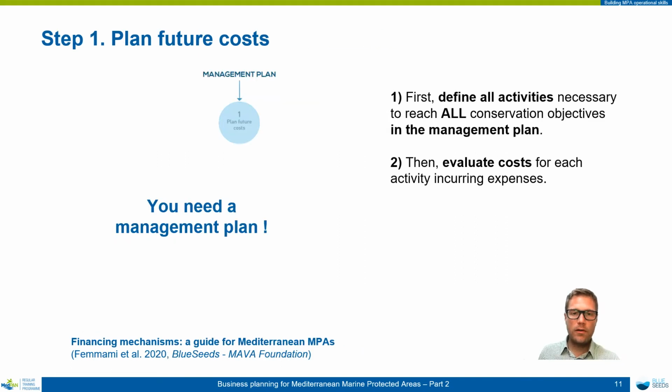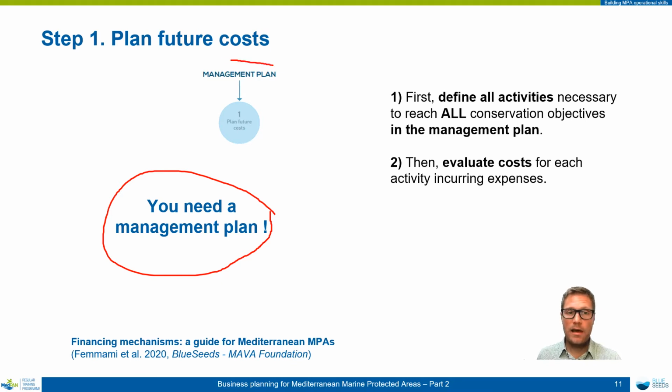So let's take the financial planning of your MPA step by step. Step 1, plan your future costs. Now, before you do that, you need to make sure you have a management plan for your MPA. As I said, the management plan is the Bible of your MPA and defines the conservation goals of your marine protected area.